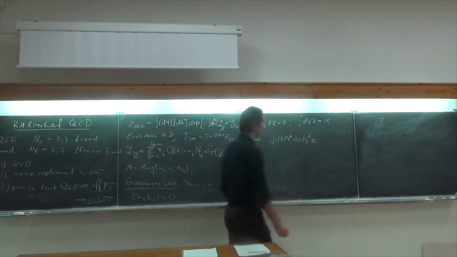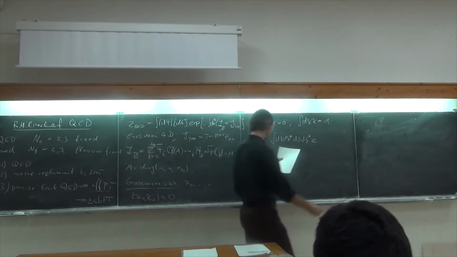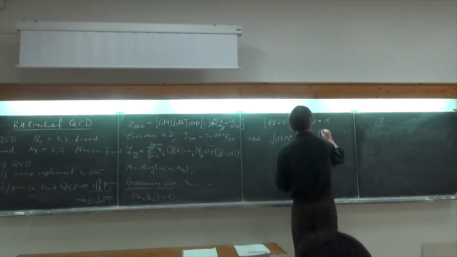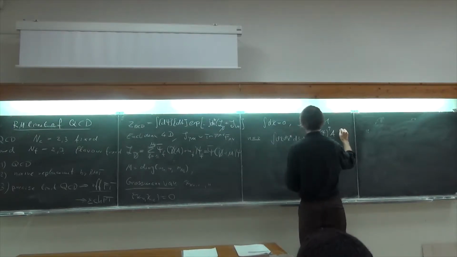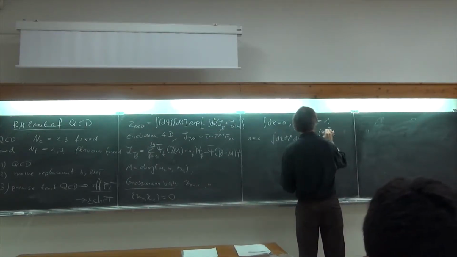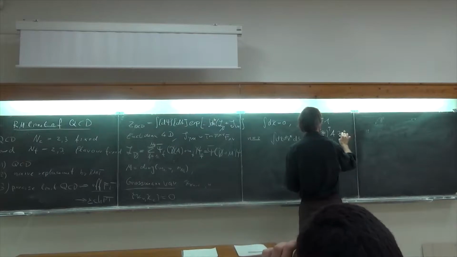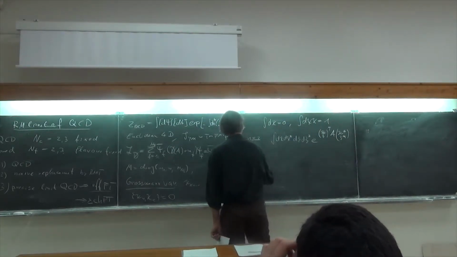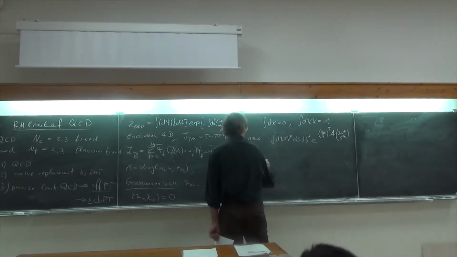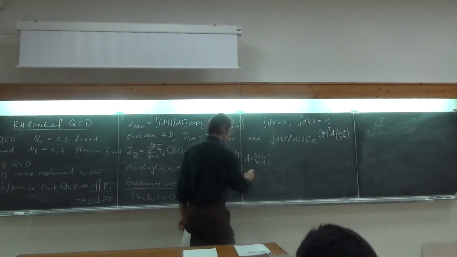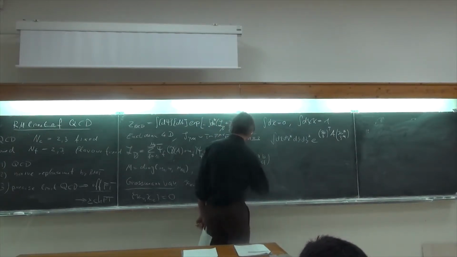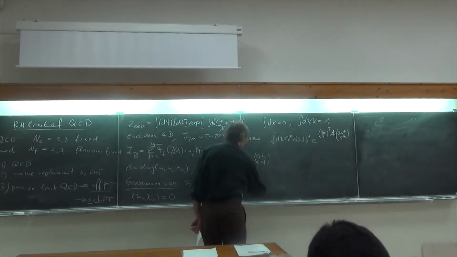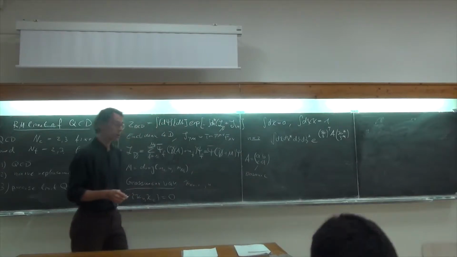And then if you write the following expression, where A has bosonic entries, so these are all bosonic. When I say bosonic, I mean they commute.